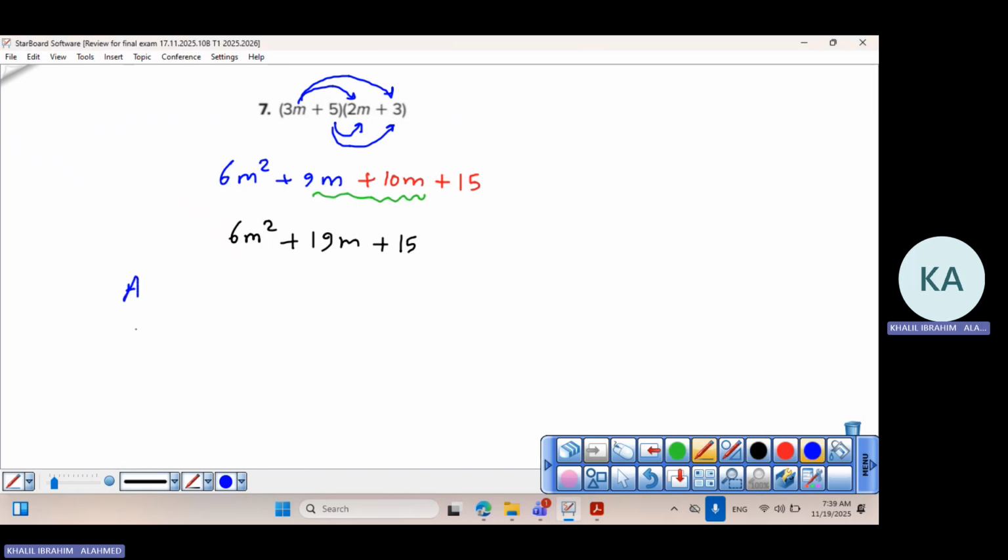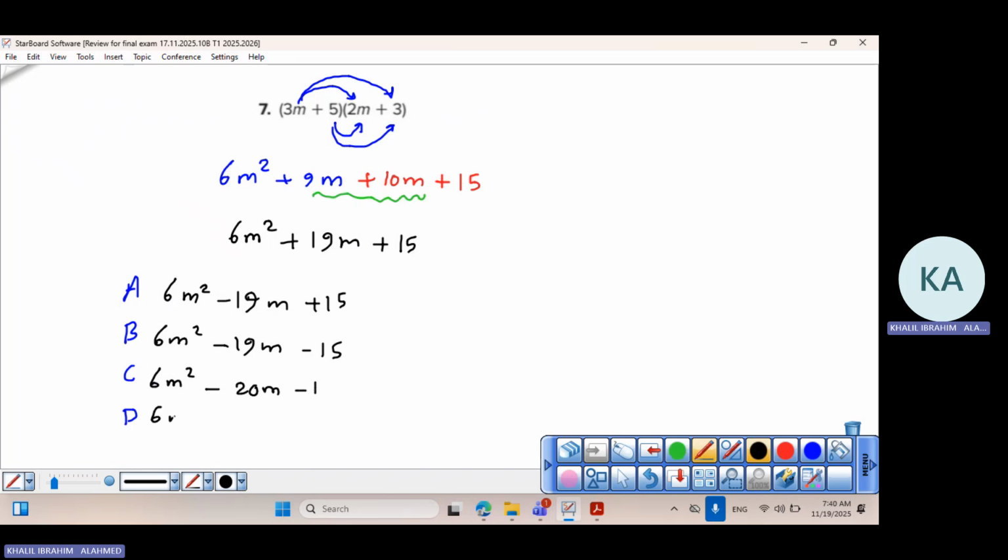How does the question come in the final exam? MCQ A, B, C, D. Which one is right? I will give you here: 6m squared minus 19m plus 15. 6m squared minus 19m minus 15. 6m squared minus 20m minus 1.